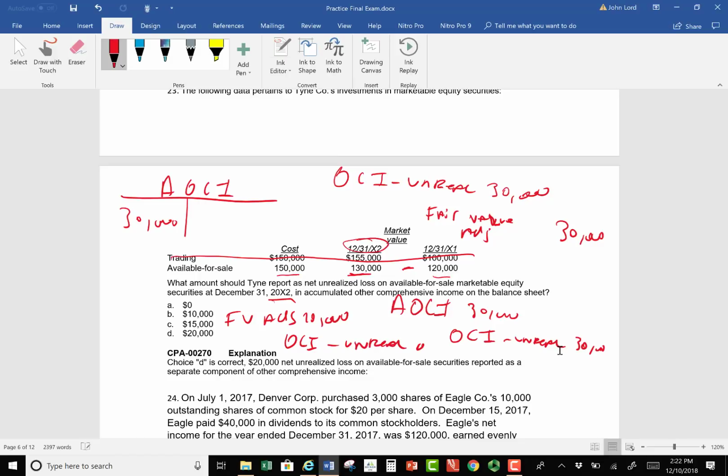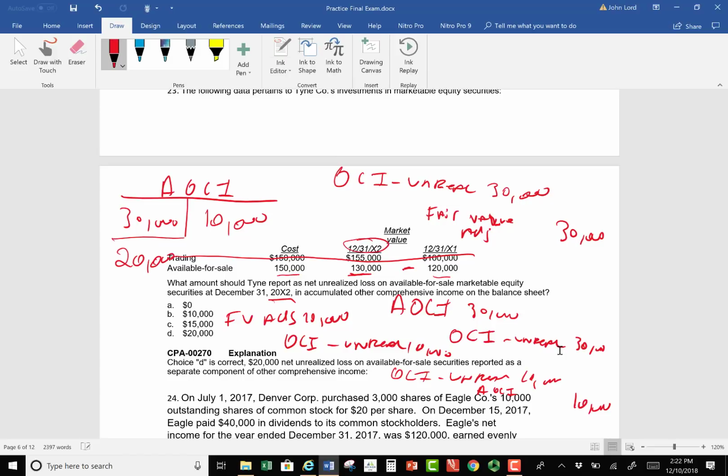For 10,000. Then I'm going to close that, right? So I debit OCI unrealized for 10,000 and I credit what? Accumulated OCI for 10,000. And when I credit accumulated OCI for 10,000, now the balance is what?